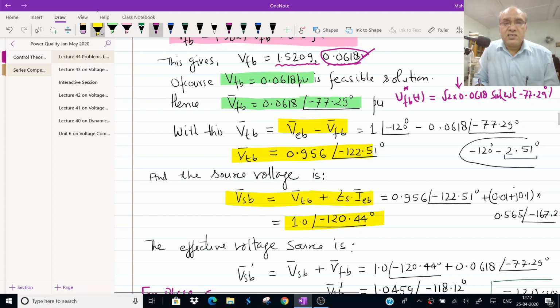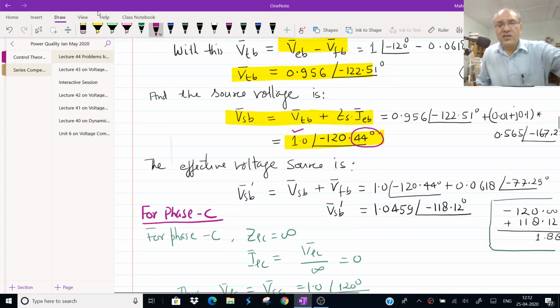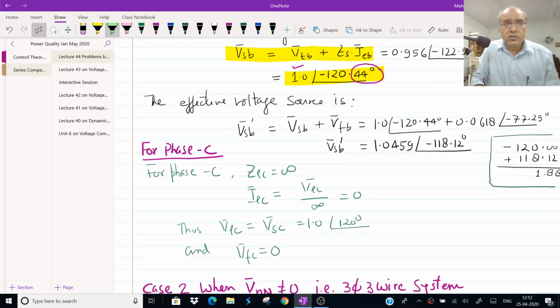So there is a slight phase shift in this voltage also by 0.44 degree. The magnitude is maintained 1.0 per unit. The effective source voltage we find out is nothing but VSB plus VFB, and this comes out to be 1.0459 angle of minus 118.12 degree. So again there is just some phase shift with some change in the magnitude.